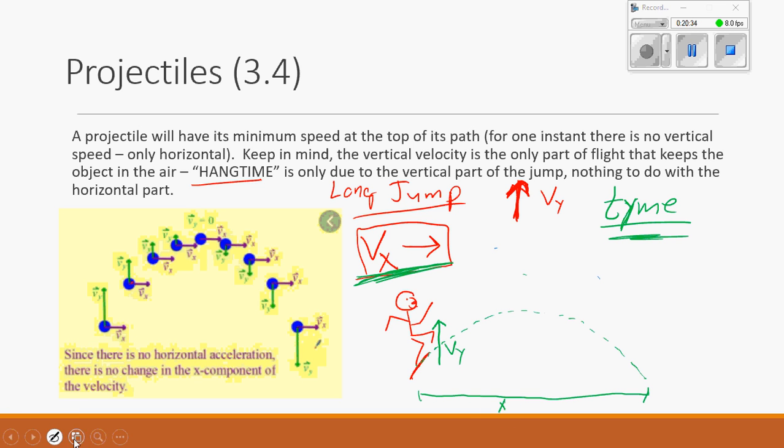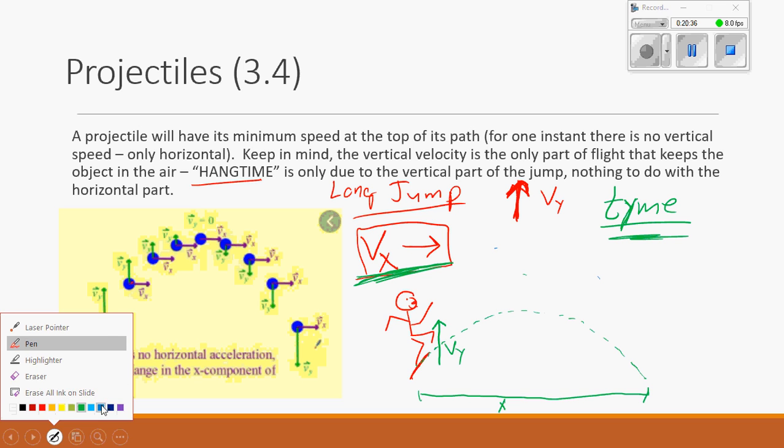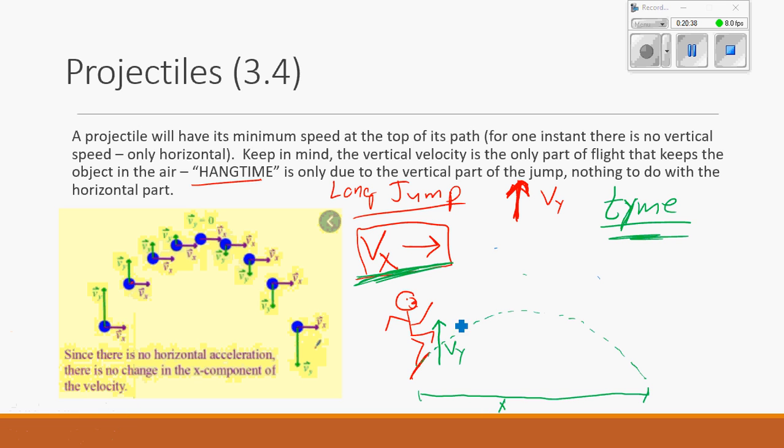Well, let's look at another jumper though. This guy jumps up, but let's just say he has a bigger y velocity, but he has this same x velocity. What do you guess is going to happen to his jump? Well, if he has a bigger y velocity, that means he's going to go higher in the y direction.